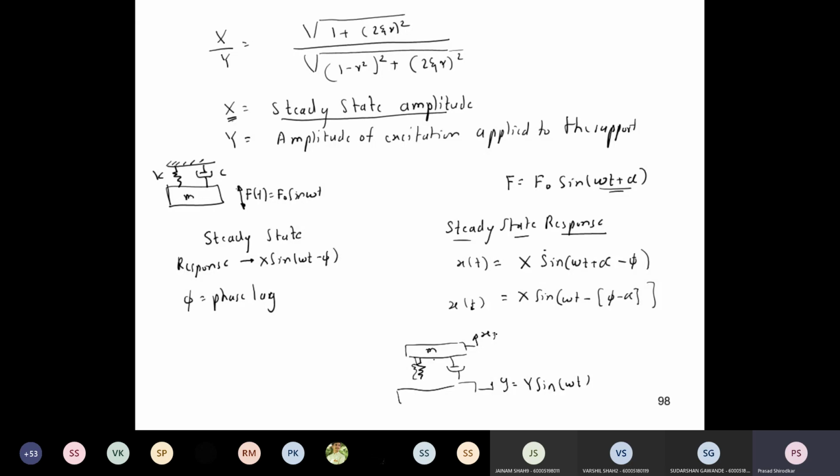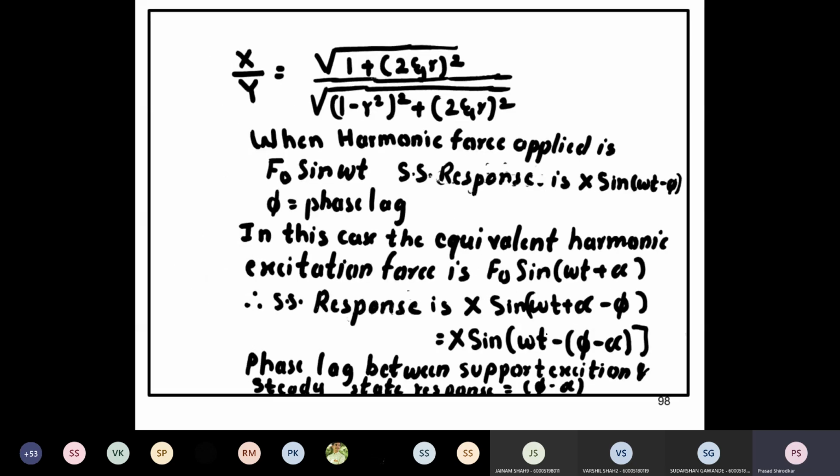And the response of the mass, that is x, will be capital X sine (omega t minus phi minus alpha). So from that you should be able to conclude that the phase lag between the support excitation and the steady state response now becomes not phi, but phi minus alpha. So the response lags the support excitation by the angle phi minus alpha.